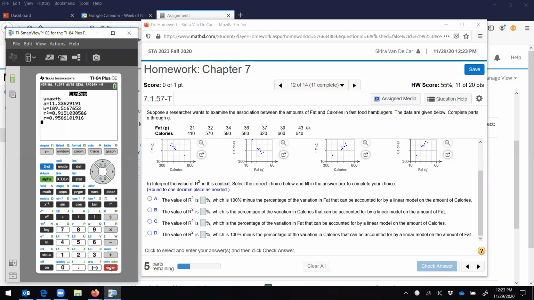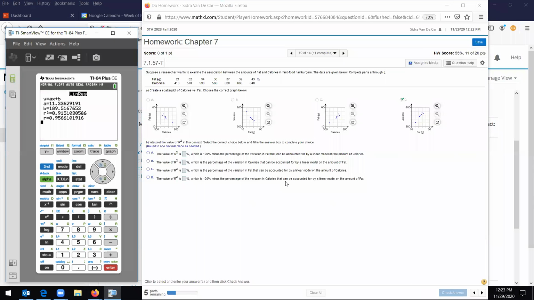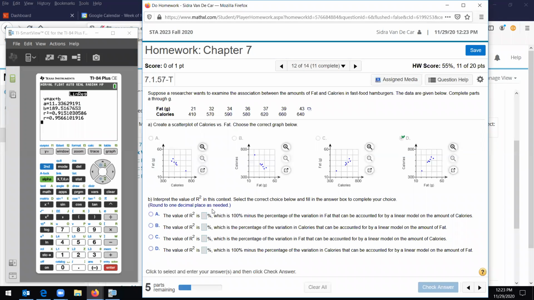And our R squared is 0.915, so 91.5%. The value of R squared is the percentage of variation in calories that can be accounted for by a linear model and the amount of fat.